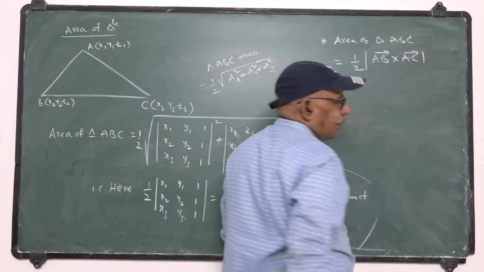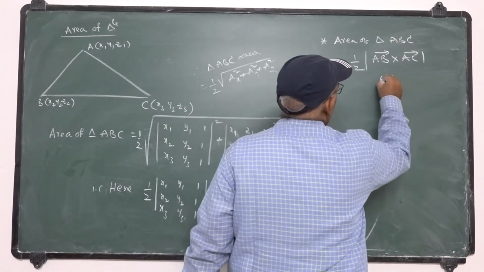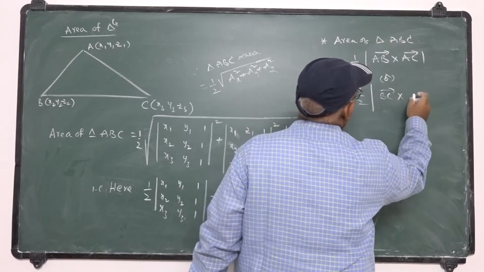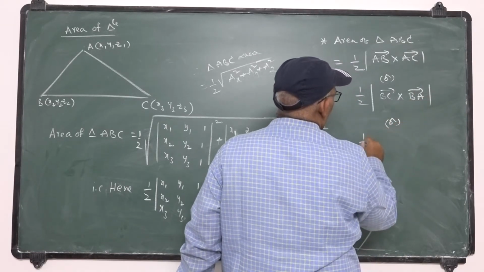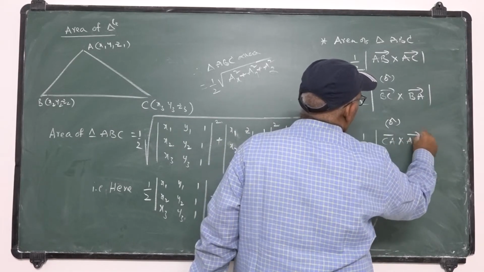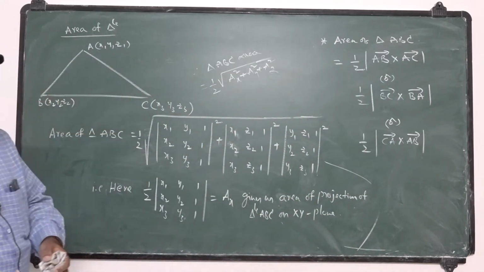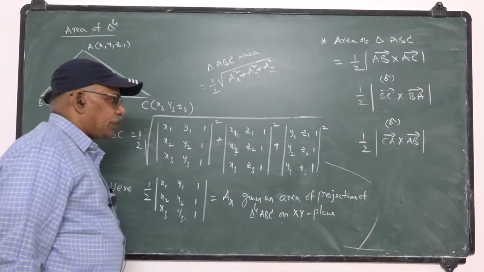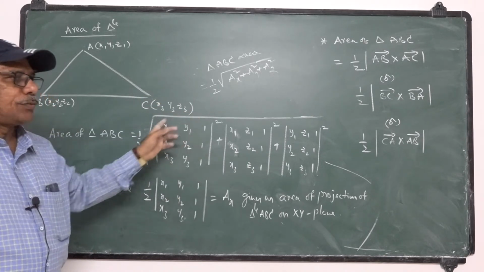This is the vector form of the area of a triangle, or we can consider half of BC bar cross BA bar, or half the modulus of CA bar cross CB bar. It is the cross product of the vectors. Of course, we will discuss that formula once we go through vector algebra. Till then, you have to remember this formula.